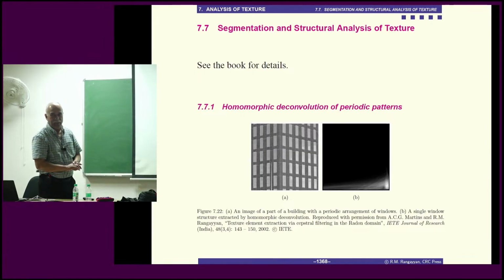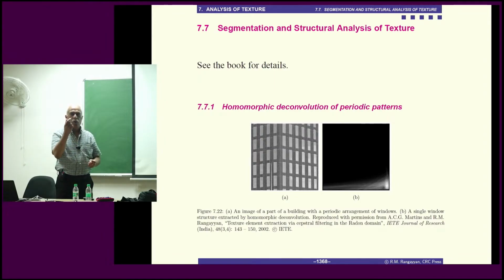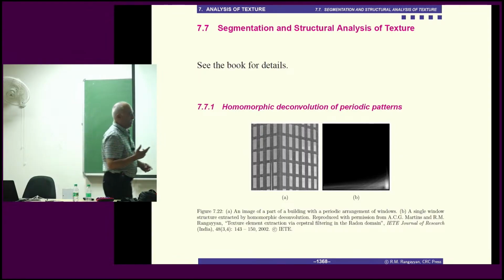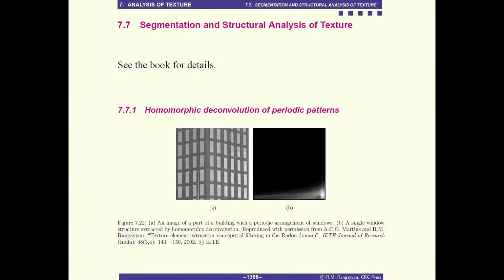Homomorphic deconvolution has been used in speech signal processing to extract one copy of the vocal tract response in the case of voice speech signals, where you have a repetition of a certain pattern, like the vowel A, and you can say this is the convolution with the impulse train, and the basic wavelet is this.